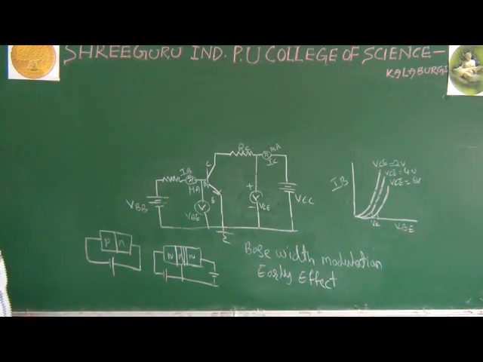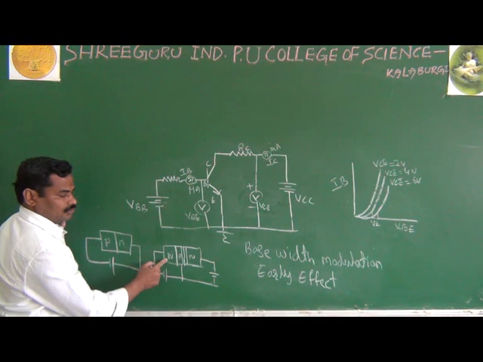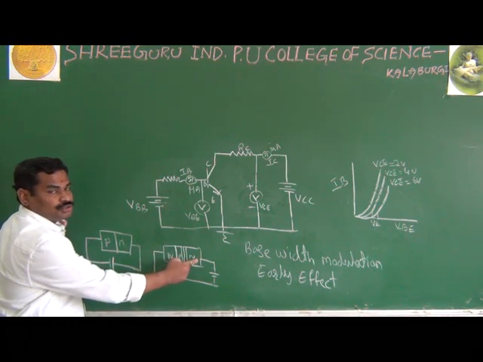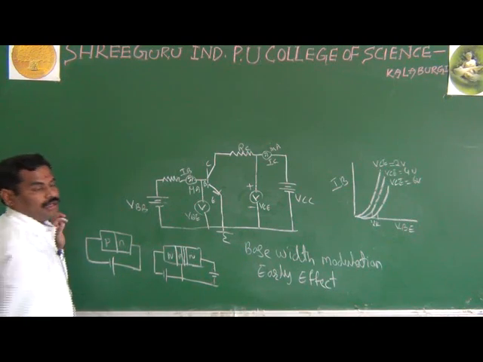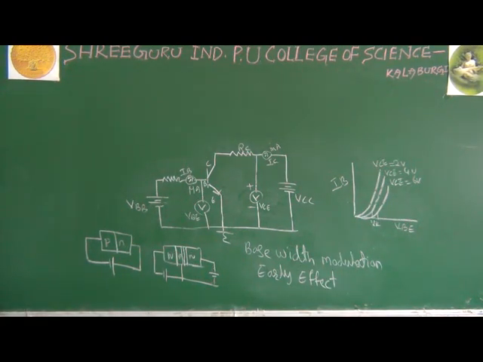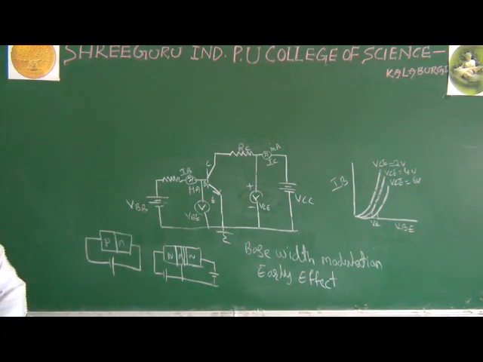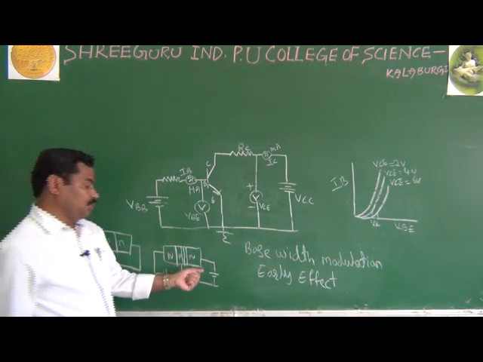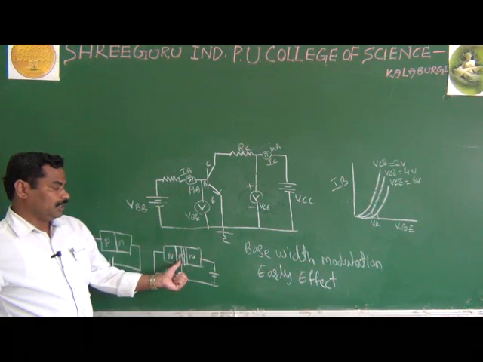And as we know already, your emitter is heavily doped and the collector is moderately doped, but the base is lightly doped. Compared to the emitter and collector, the base is lightly doped.